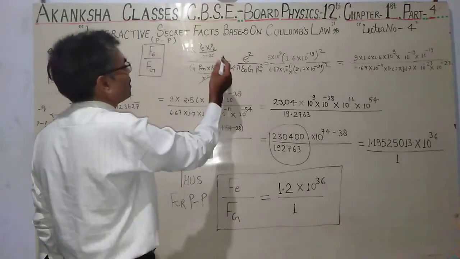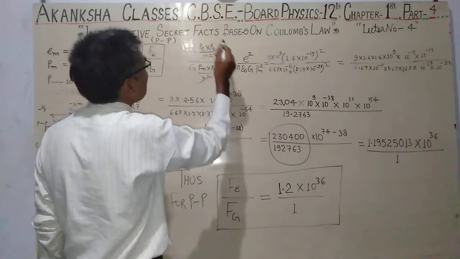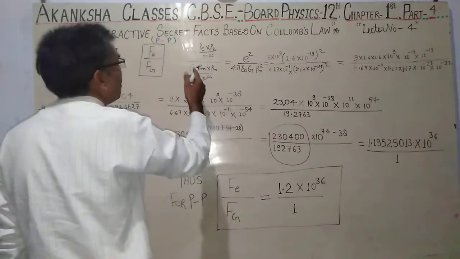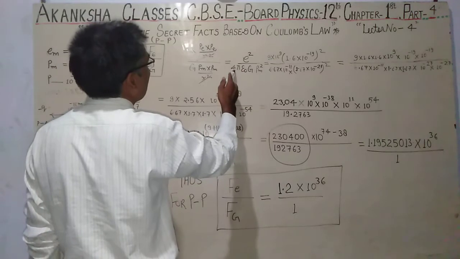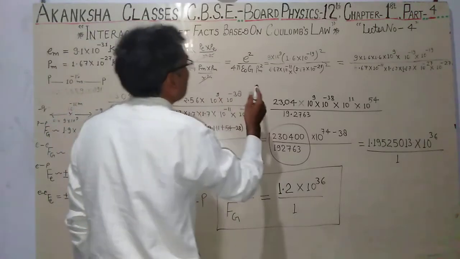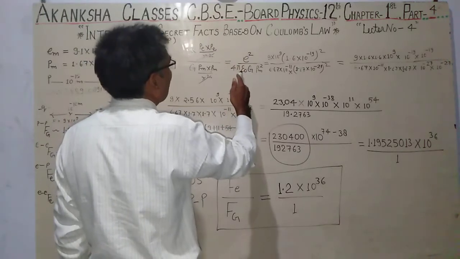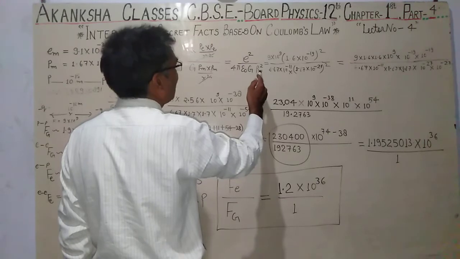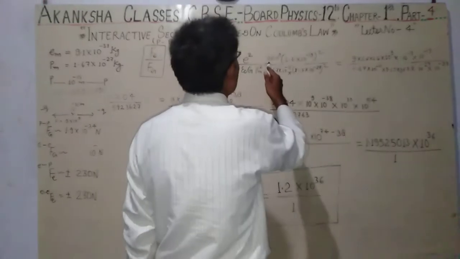Further, we know that the charges are the same on both proton and electron, hence this can be written as E square, with 1 being the value of the constant in the term 1 upon 4 pi epsilon naught. We get the equation E square by 4 pi epsilon naught capital G Pm square, where Pm square is the square of the mass of the proton.